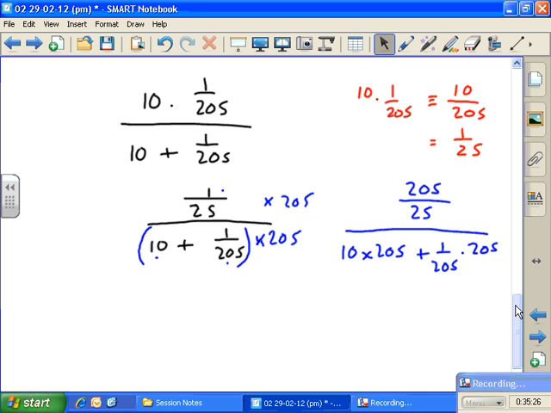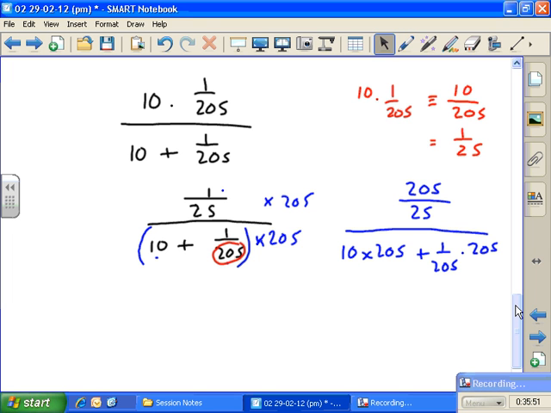If I'm going to times the bottom by 20s, I can't then times the top by 2s. I've got to times it by the same. So I times top and bottom by 20s. Why have I done that? Because those two cancel to leave just 1. So I multiply top and bottom by 20s to get rid of that 20s that's underneath at the bottom.